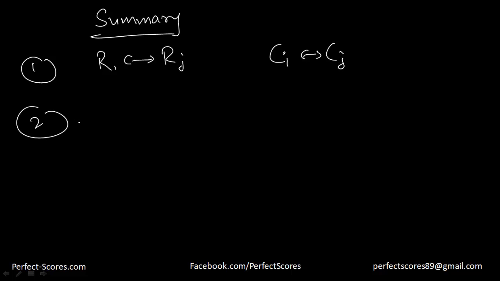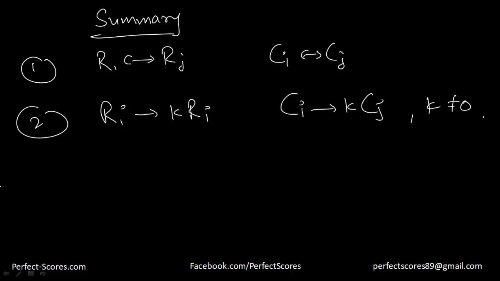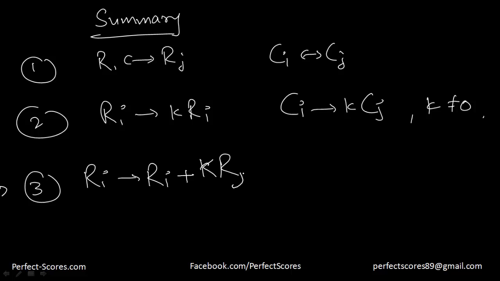The second thing you can do is multiply a row with a scalar number, and again you can multiply a column with a scalar number, provided that k is not equal to 0. The third thing you can do is add or subtract a scalar multiple of another row, and the same thing you can do with columns.